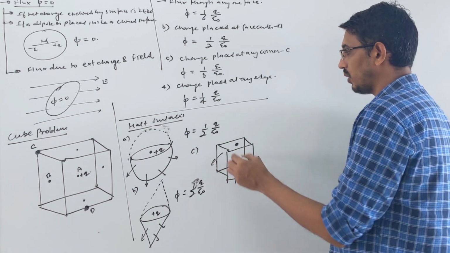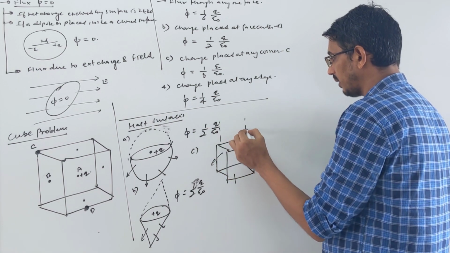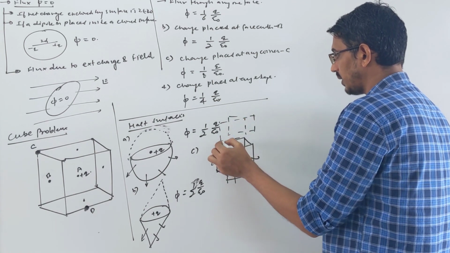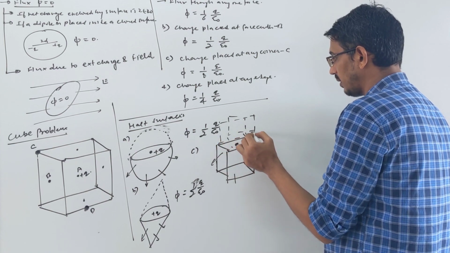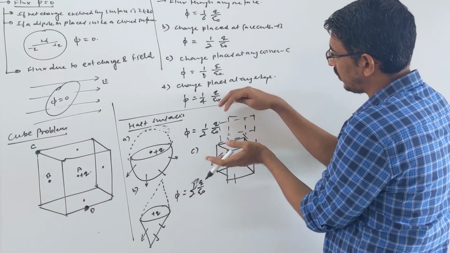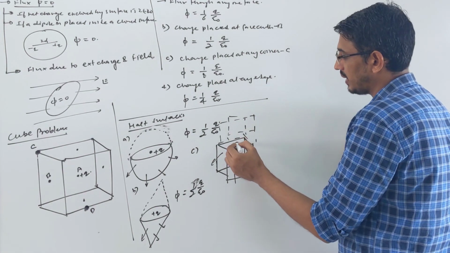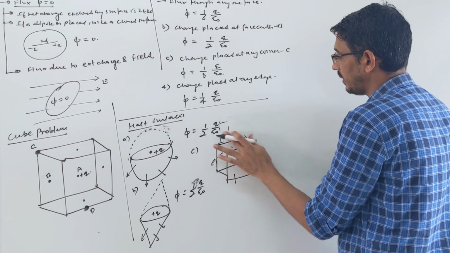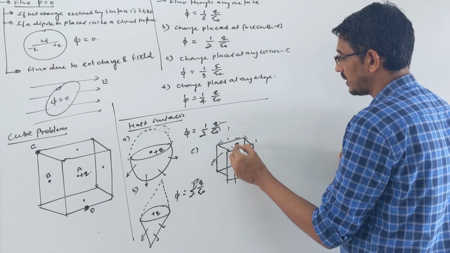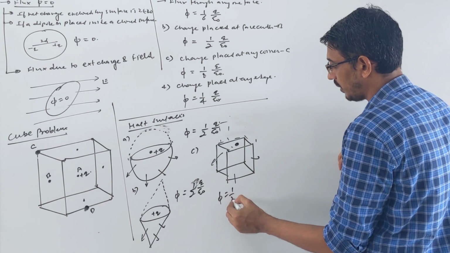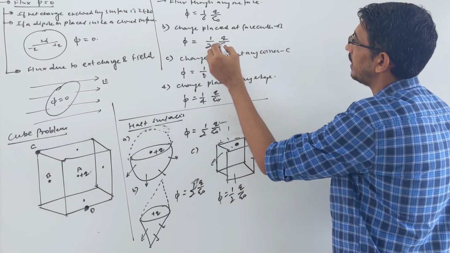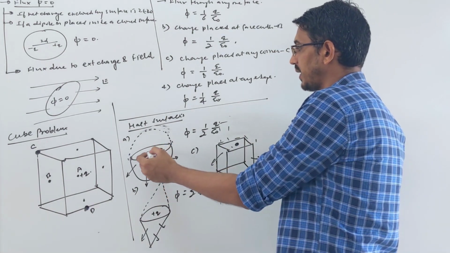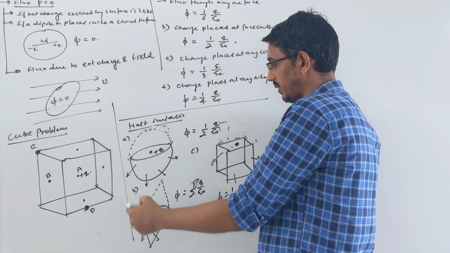So this also you can do: put another identical cube over this. I cannot draw it properly, but exactly half you put over this, then look at the complete body, the charge will be exactly at the center, right? Now the flux will be Q upon epsilon naught. But they are asking only this much, placed on the face. Then what is the flux coming? You say 1 by 2 of Q upon epsilon naught. So this is the same as that, placed at the face center of a closed body, right?